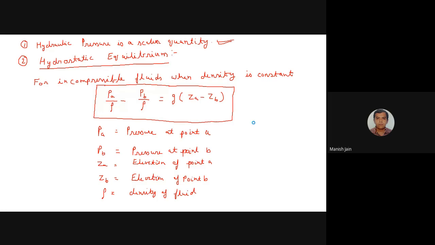Now hydrostatic equilibrium for the compressible fluid is represented by the barometric equation that we have also derived in the last class.